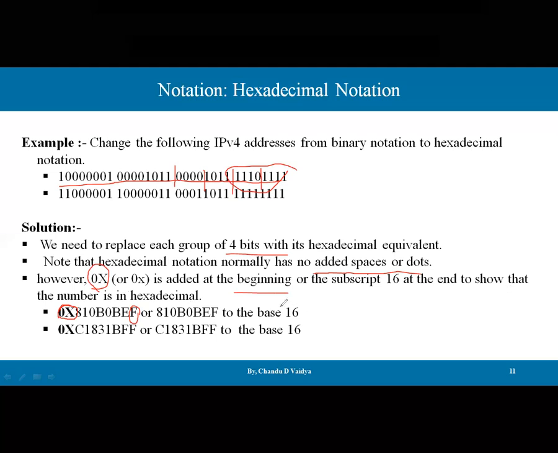So here the subscript 16 has been added, and at the beginning 0x is added only to identify this as a hexadecimal number. Because if we calculate any value, let's say 0 and something, and the decimal value is something 0, we cannot generally differentiate these numbers. So for that purpose, it is going to begin with 0x, and it is going to end with 16.